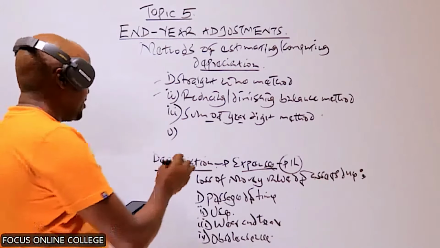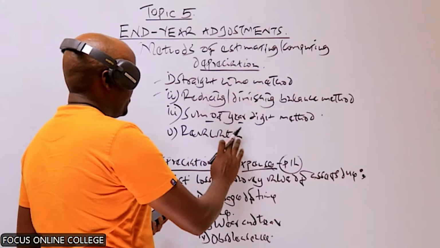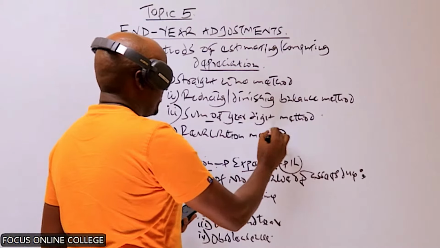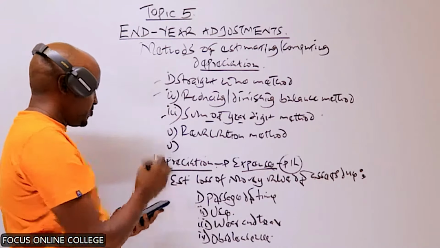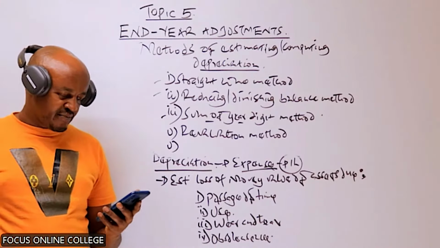But we also have other methods, like number four, the revaluation method. We also have the sum of years digit method. Do we have any other method? Yes.